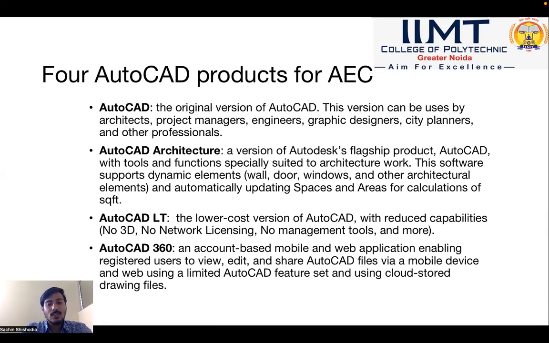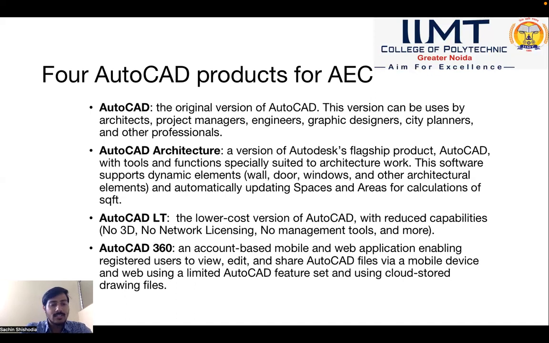This is the version of the AutoCAD flagship product which includes tools and functions especially suited to architecture. This software basically supports dynamic elements such as walls, doors, windows, and architectural elements, and automatically updates spaces and areas for calculation of square feet.